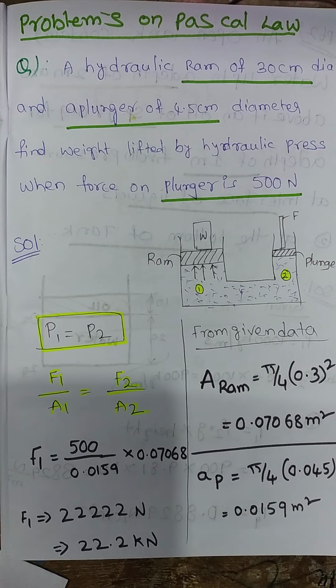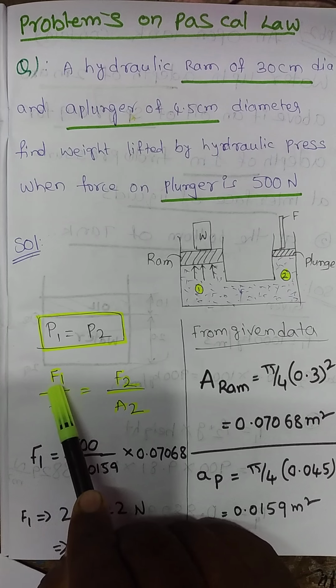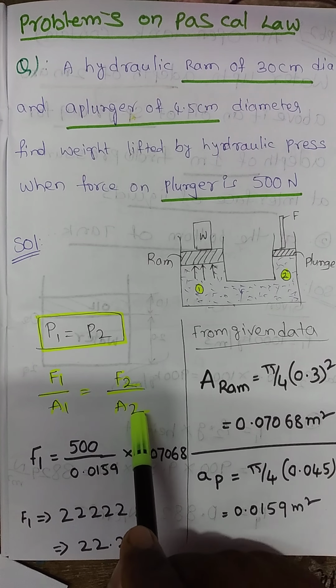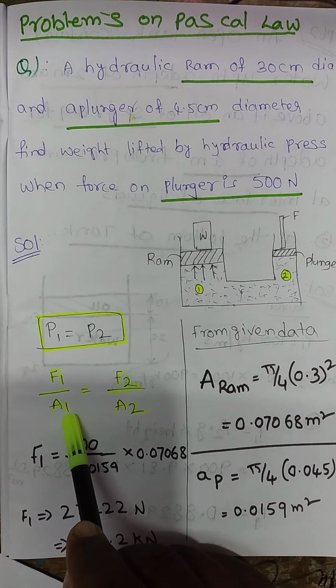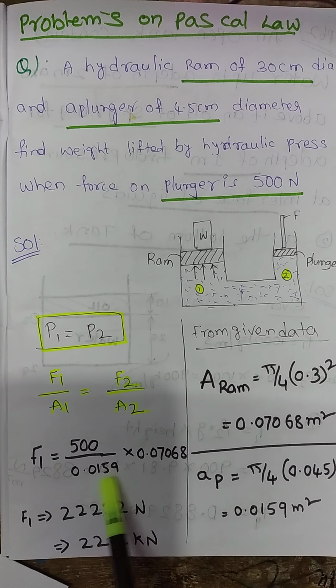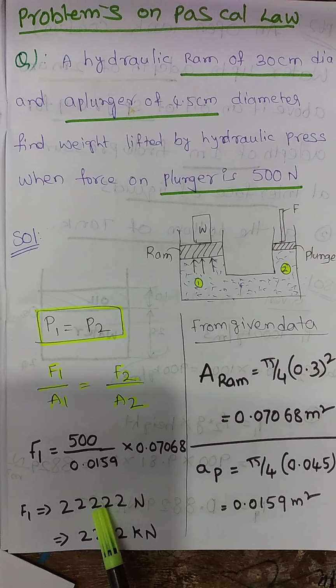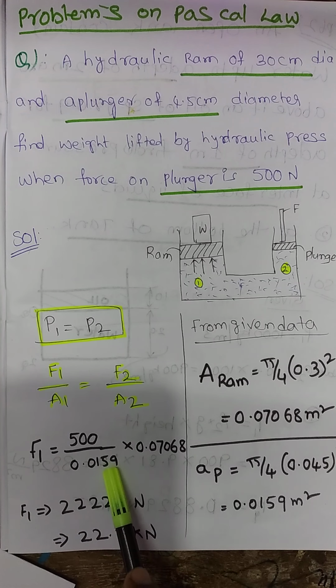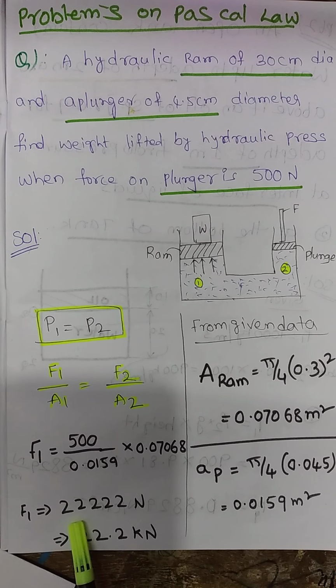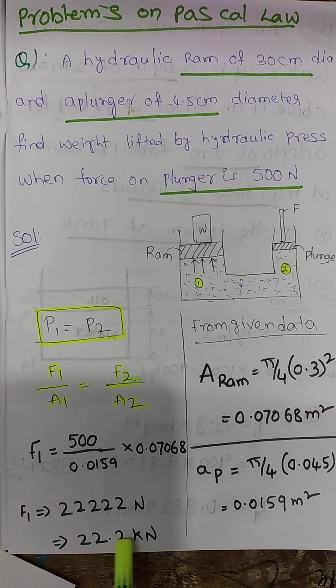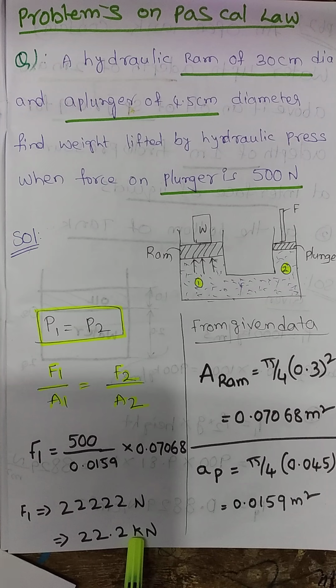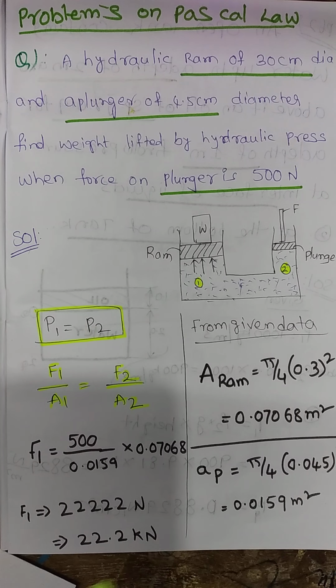If you substitute all the values, how many unknowns do I have? F1 is unknown, F2 is known to you, A2 is known to you, A1 is known to you. Simply substitute, then you will get F1. So F1 comes out to be, just multiply and divide with the help of a calculator, 22,222 newtons. Divide by 1000 to convert it to kilonewtons, 22.2 kilonewtons.